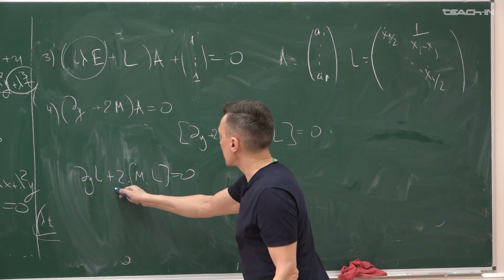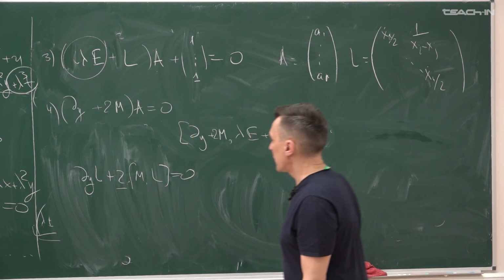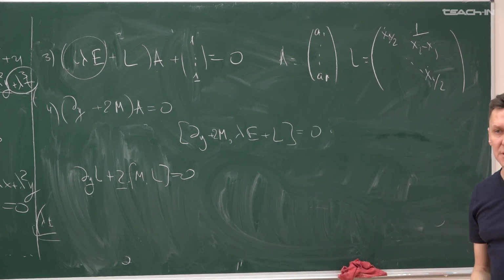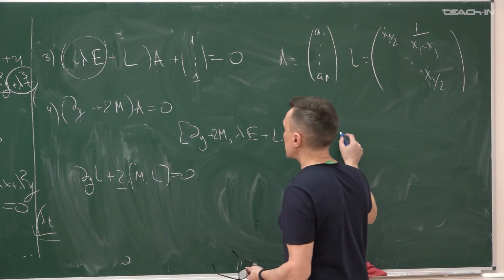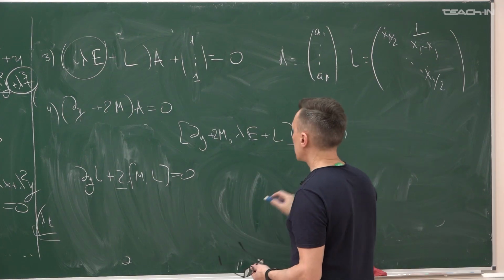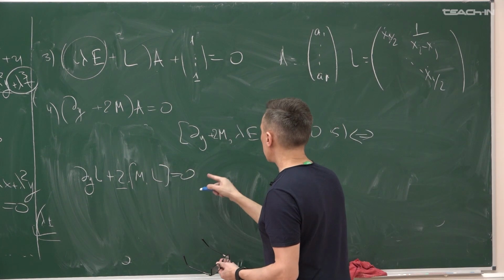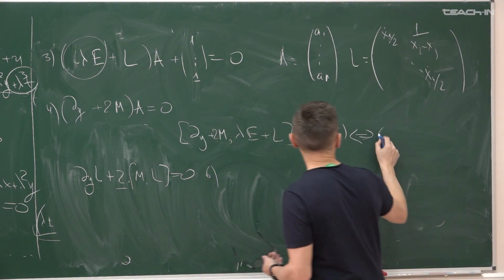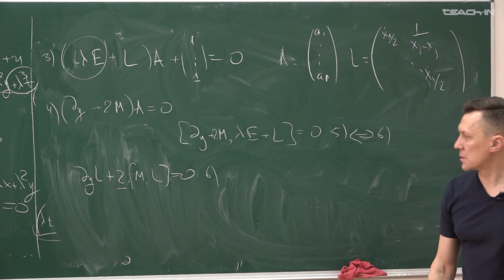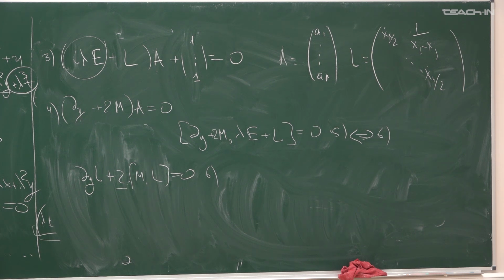And with my mistake of the scale of the variable, it is just the Lax representation of the Calogero-Moser system. So this is 5. 5 is equivalent to 6, which is approximately the Lax representation of the Calogero-Moser system.